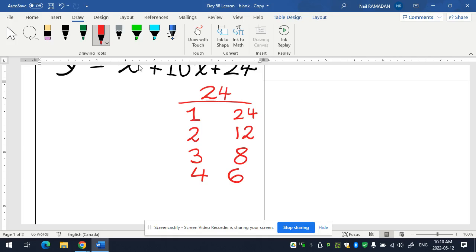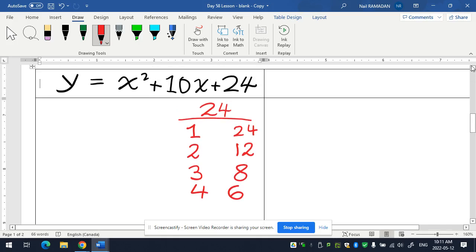Okay, that's my first step. Second step: can someone tell me what's the middle number in the trinomial? The number in the middle of it. 10. Okay, I want you now to look at each pair and tell me which pair will give you a 10 if you either add them or subtract them.